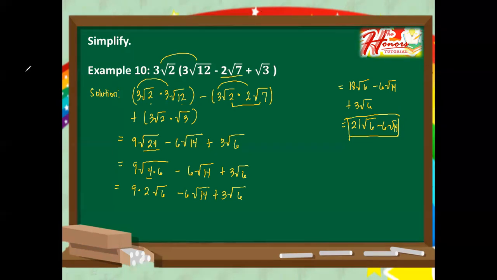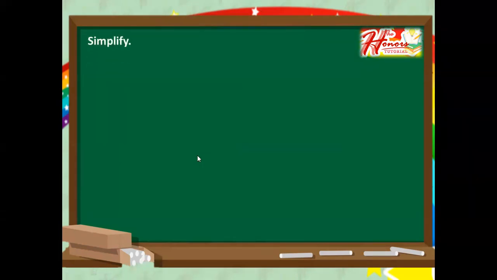Let us have another example. We have here square root of 4 plus 2 times square root of 4 minus 1. So in this process, we can have the FOIL method, or we can just simply simplify this.